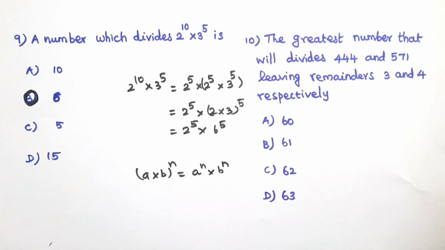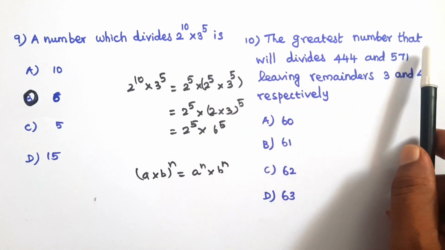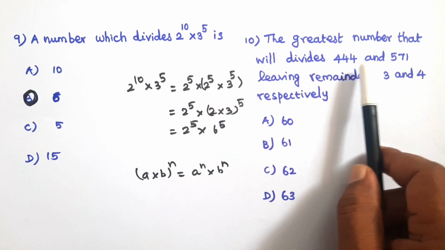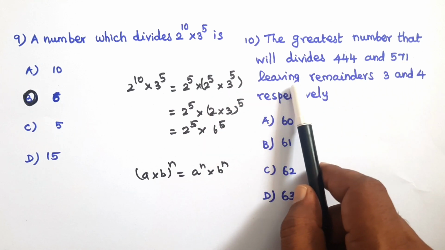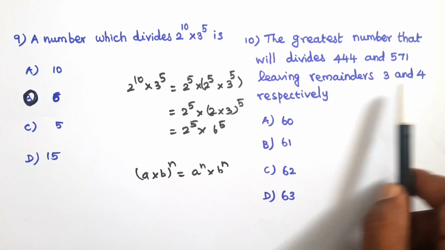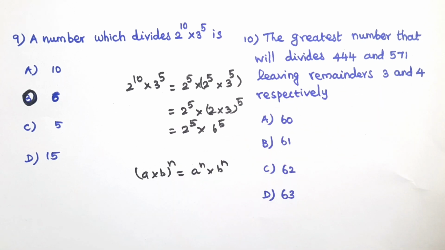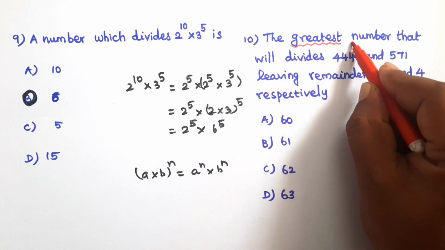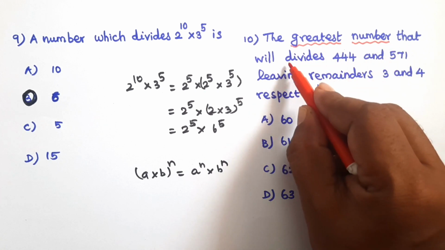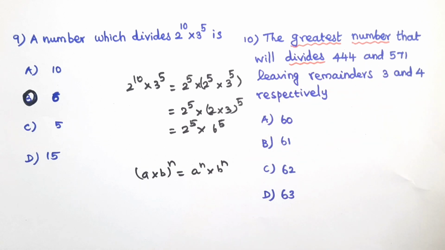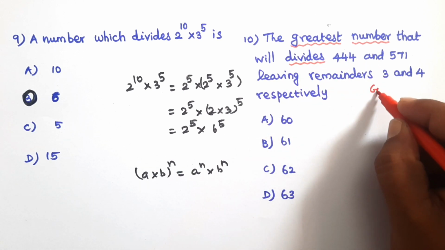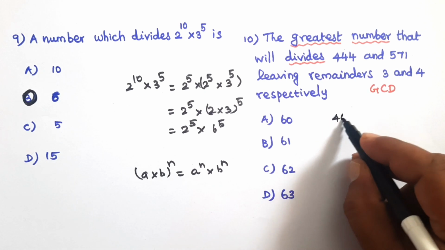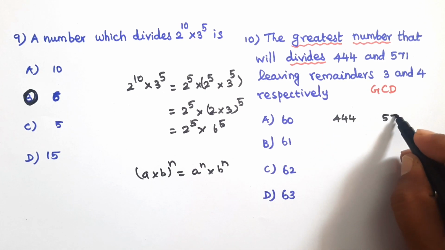Next, question number 10. The greatest number that will divide 444 and 571, leaving remainders 3 and 4 respectively. For finding the answer, the keywords in the question are greatest number and divides, which means GCD. We want to find the GCD. Given two numbers 444 and 571.